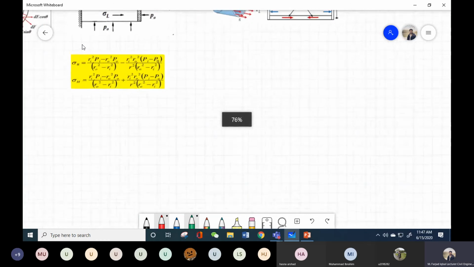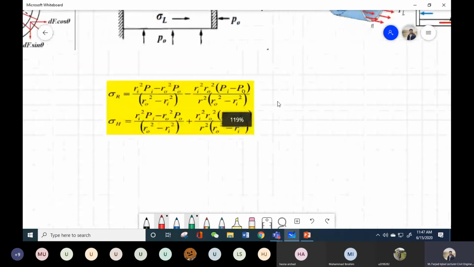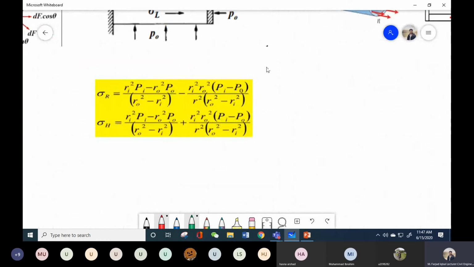You just have to do some small mathematical rearrangement and you will get this final expression for sigma R and sigma H. Now in this expression, if you know the internal radius, the internal pressure, and the external pressure or the external radius, then you can simply substitute these values into this equation and calculate the radial stresses and hoop stresses.